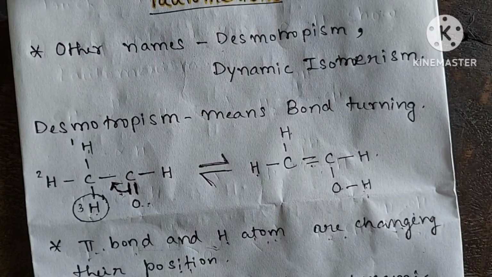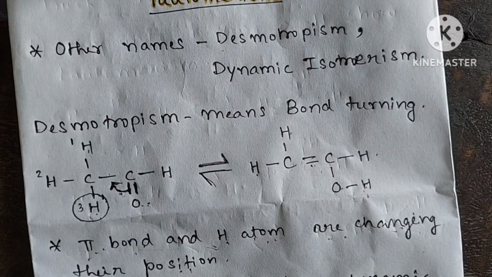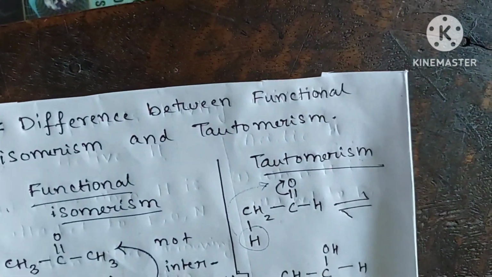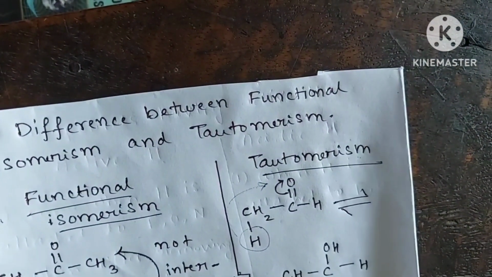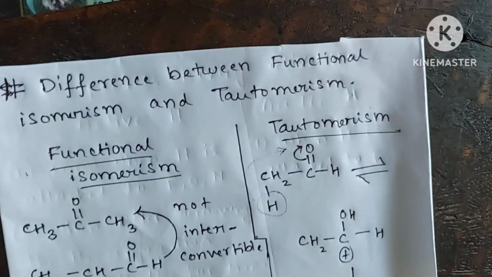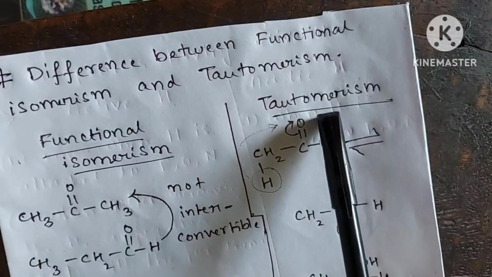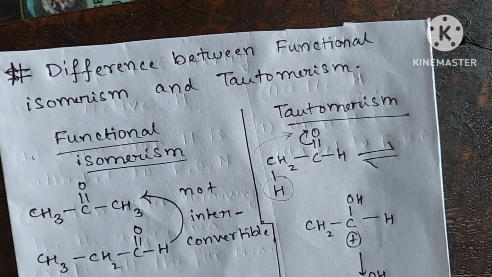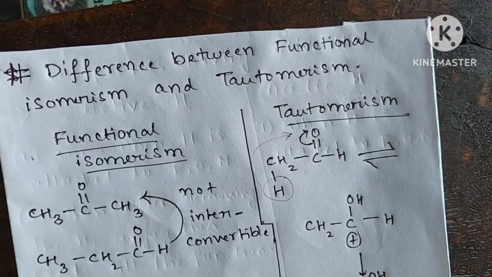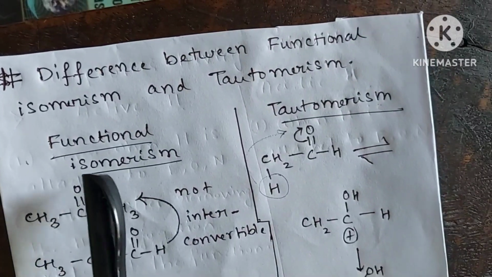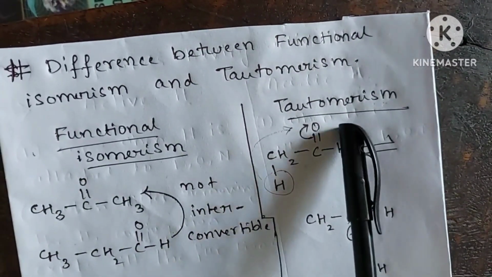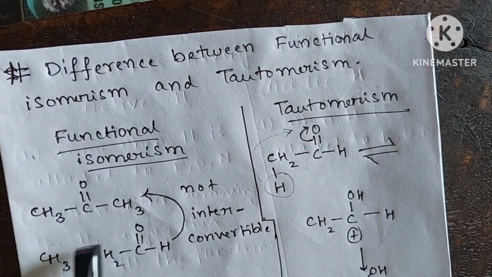Now we will move to the next points. Students get confused between functional isomerism and tautomerism. So we will see the difference between these two, that is functional isomerism and tautomerism, so that we do not get confused anymore. See here, this is functional isomerism and this is tautomerism.